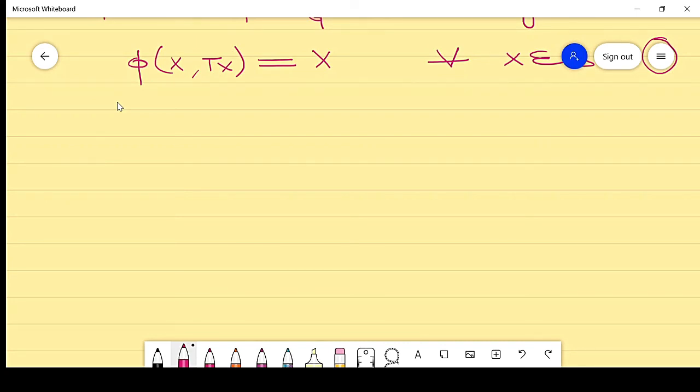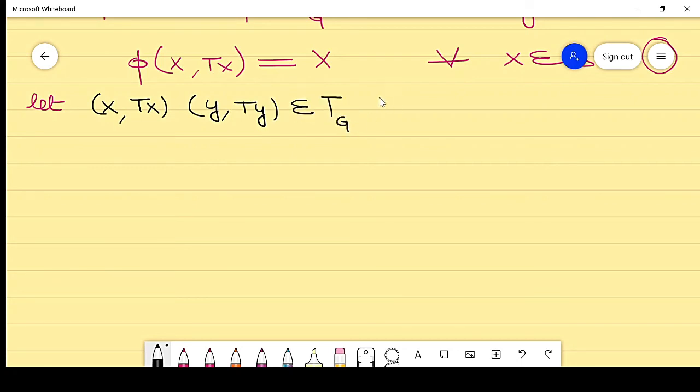To prove it is a linear transformation, let me take two elements, the first (x, Tx) and the second (y, Ty), which belong to Tg, and alpha, beta are scalars.